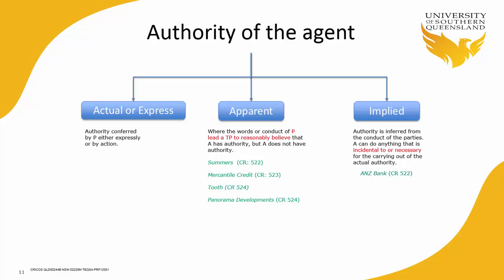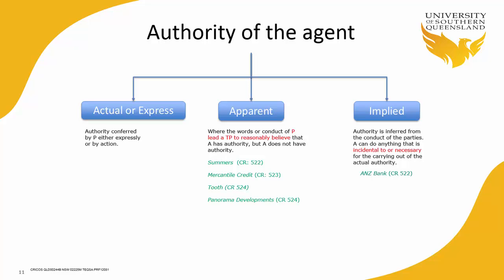But there could also be apparent authority, where the words or conduct of the principal leads a third party to reasonably believe that the agent has authority, but the agent does not have that authority.